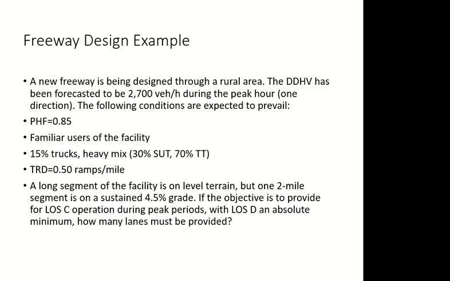One is the level terrain, the other one is plus 4.5%, and the third one is what?